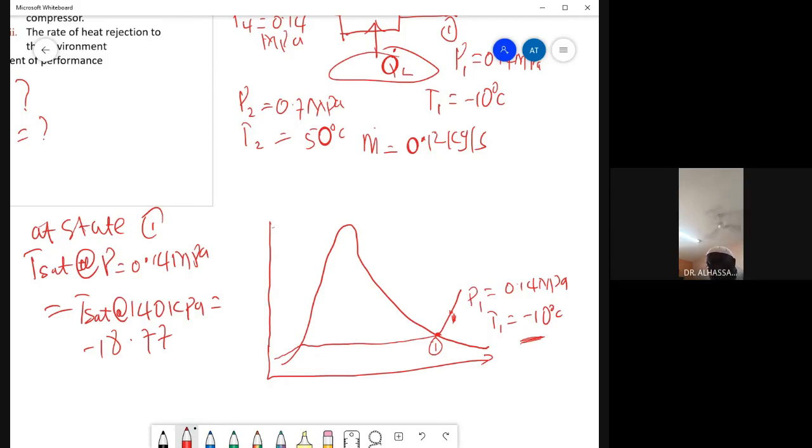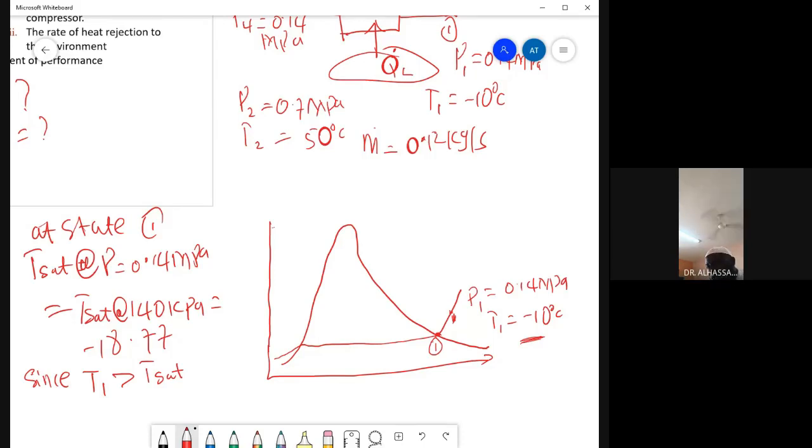Since T1 is greater than T saturation, because minus 10 is greater than minus 18. Minus 18 is at a much lower temperature. So minus 10 is greater than minus 18.